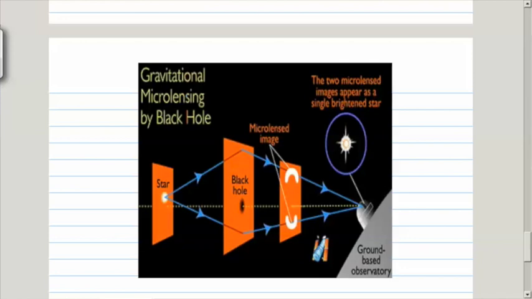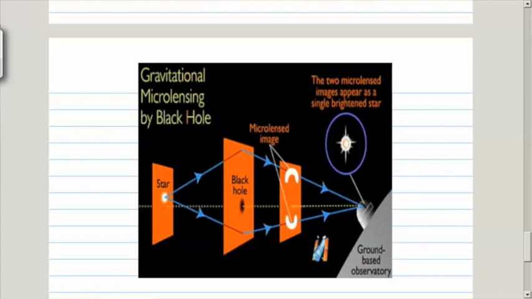If you have, say, a brown dwarf, it's a small mass, less than 0.05 of the solar mass, so the amount of bending of light is not large.